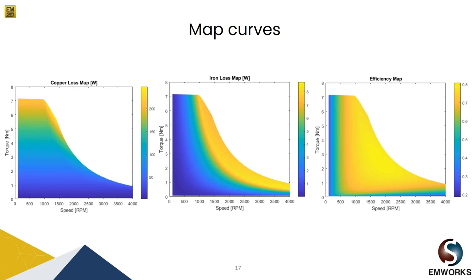And here you can see the iron loss map. So combining these two curves and knowing the value of torque and output power, we can calculate the efficiency map that you can see here. Again, you can pick up some points and validate the result using the finite element method.